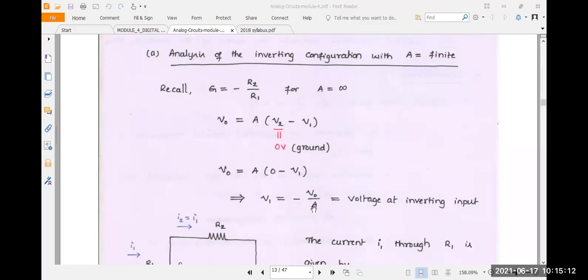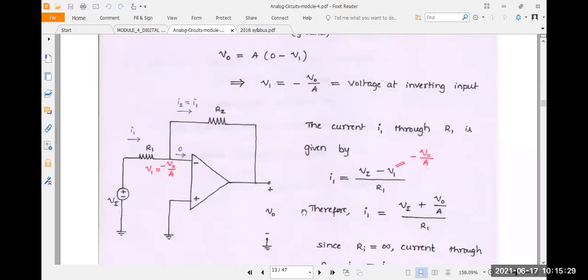Minus V0 by A. That is the voltage at the inverting input. V1 stands for what here? Inverting input. So V1 is minus V0 by A. So write the equation now for terminal 1: V1 is equal to minus V0 by A.